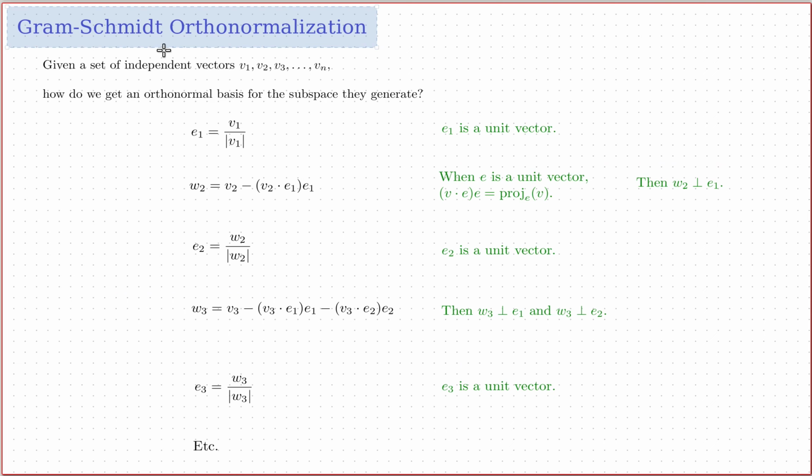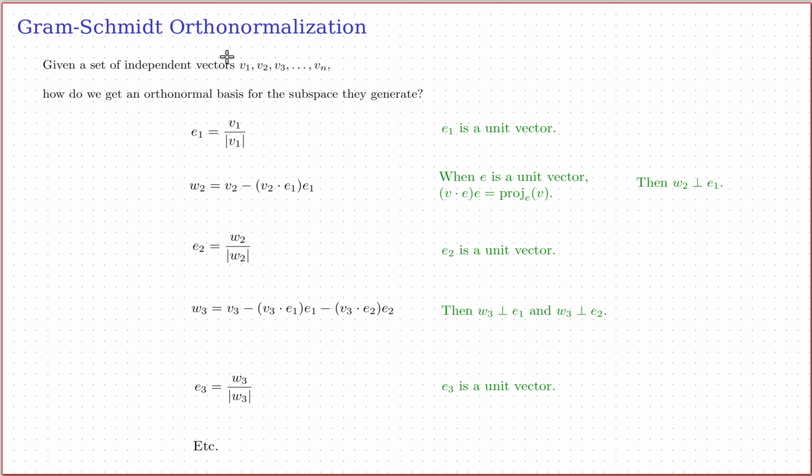It's rather a mouthful. But it's a method for taking a set of vectors that span a vector space or a vector subspace. So we have some vectors v1, v2 up through vn, and we assume they're independent, so they actually form a basis for some vector subspace. And then what we want to do is convert them from a basis into an orthonormal basis.